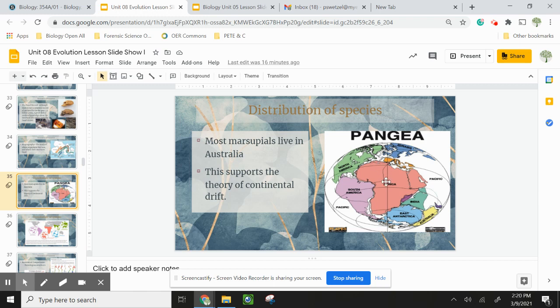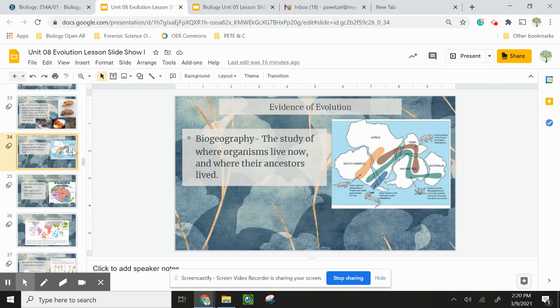Not just the puzzle piece aspect of it, but if we look at the way similar organisms are distributed across the planet, you can see that where the continents lined up, there are a lot of organisms that share similarities. So it's pretty cool.